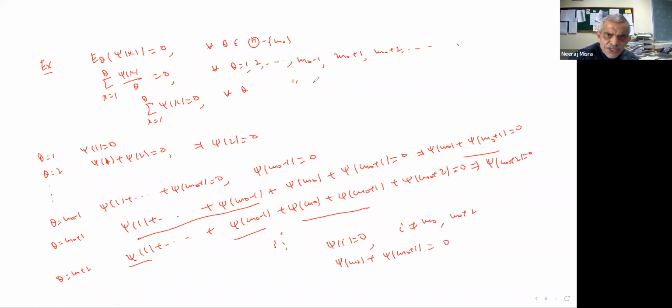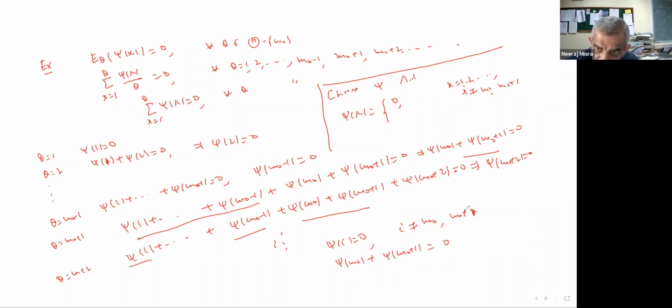So I can choose, this suggests that I choose psi of x to be 0 for x equal to 1, 2, and so on, x not equal to M naught and M naught plus 1. It will be minus 1 if x equal to M naught, plus 1 if x equal to M naught plus 1.